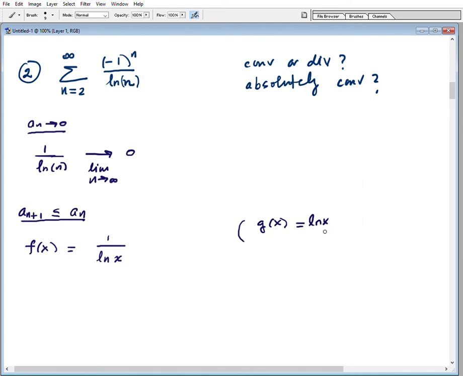In other words, ln x2 is greater than ln x1 when x2 is greater than x1. Okay, that means it's monotonically increasing, not even a greater than or equal to. We have a greater than there for x2 greater than x1.